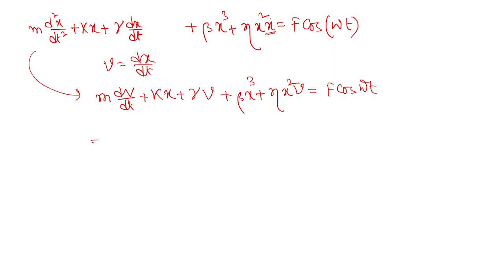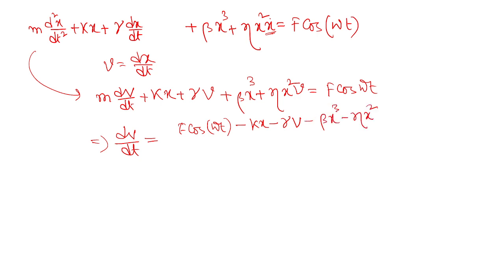So what is our differential equation for v? dv/dt is basically f cosine of omega t minus kx minus gamma v minus beta x cube minus eta x square v, divided by m. So this is our second equation.